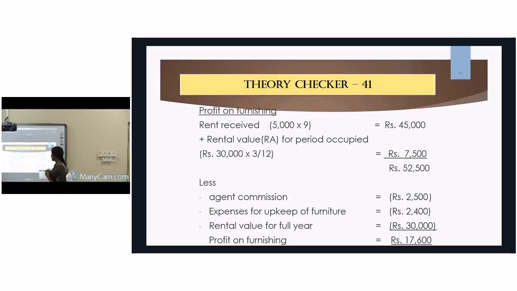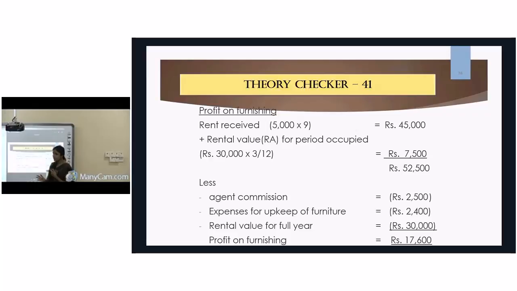Otherwise, you can adjust: without adjusting this 3 months occupation, you can just deduct the rental value only for the renting period, that is 9 months. If you deduct that straight away, it is okay as well. Then you can arrive at the profit on furniture. How much? 17,600 would be the profit on furnishing.